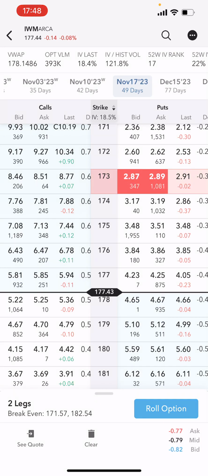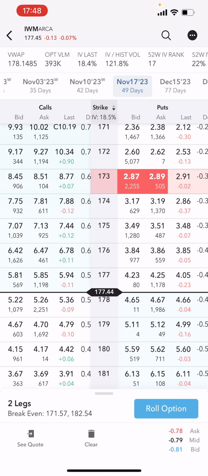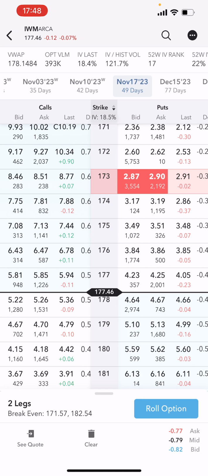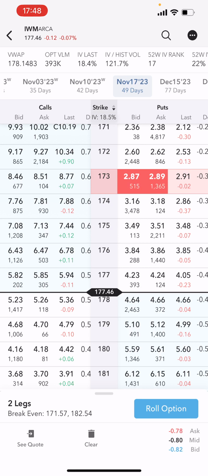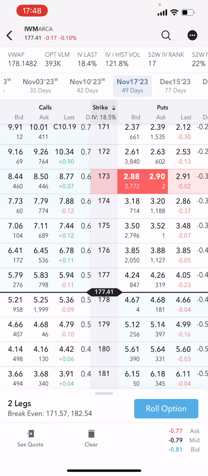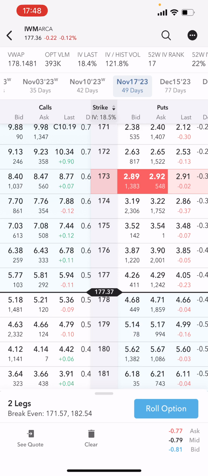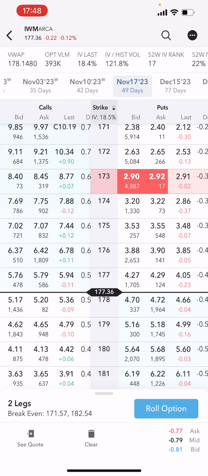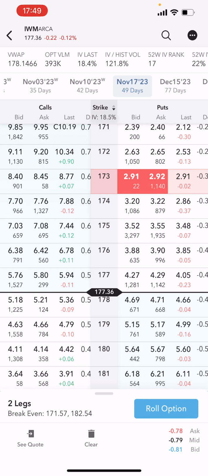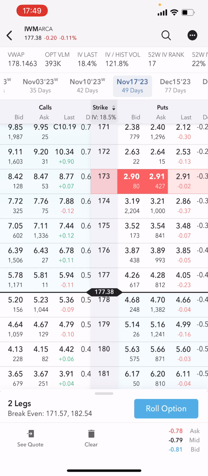If we think about what we're doing here, we are reducing our risk by $2 times 3, $600, in terms of de-risking ourselves and getting paid $240 to do that. That's the beauty about rolling and adding extrinsic value in terms of time value onto options. It allows you to roll down your strike from 175 to 173 in this example.